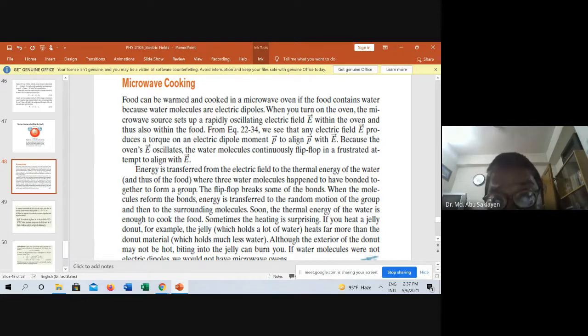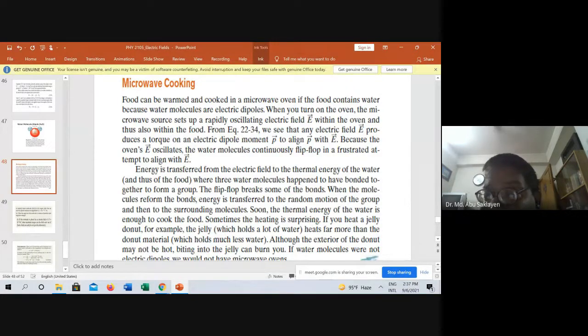Electric field produces a torque on the electric dipole moment P, which is aligned with E. Molecule continuously flip-flop.